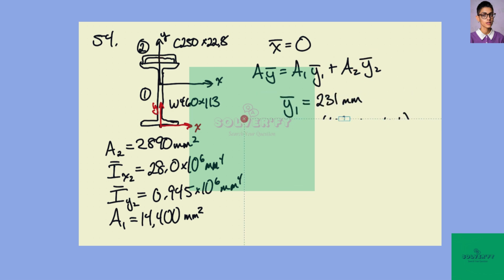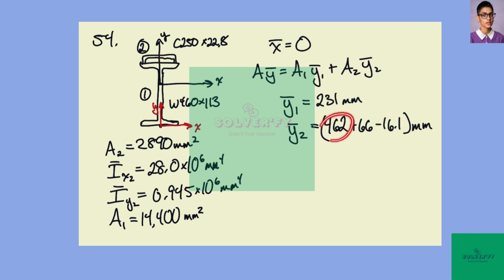The centroid of the I-beam, we can look up its height, and it's going to be at the center, assuming it's uniform. So that's 231 millimeters. And then for the centroid of the C channel, we can go find this distance to this point. That's 462 millimeters. And then the distance from this point to this point is 66 millimeters. And then the distance from this point to the centroid is 16.1 millimeters.